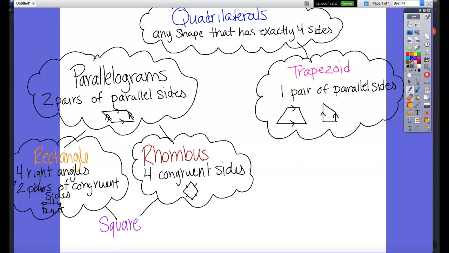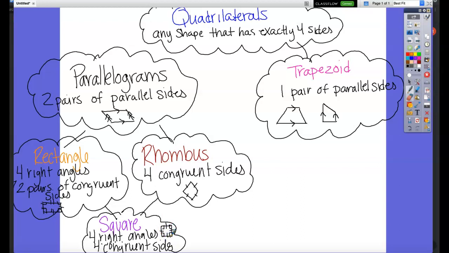And the square is exactly what I just said, has 4 right angles and 4 congruent sides. Sorry, not 4 right sides, 4 congruent sides. And we all know that a square has 4 congruent sides and 4 right angles.